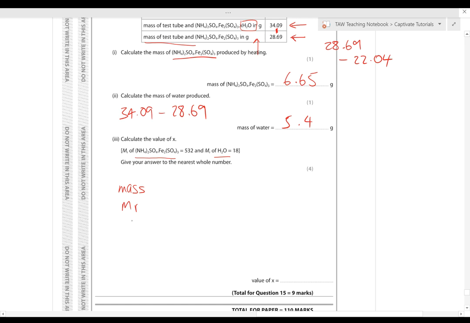So this substance, which I'll shorten to that, we know has a mass of 6.65, and water has a mass of 5.4. Now we're given the MR of that substance, 532, and we're given the MR of this substance, which is 18.